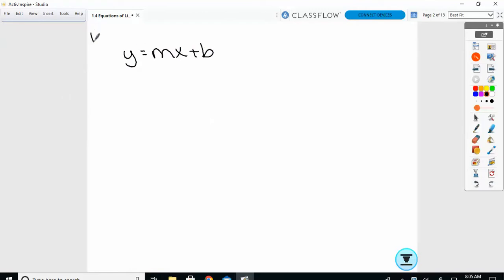Sorry, that's not my point slope formula. That's our slope intercept formula. I'm getting ready to put the point slope formula up here.